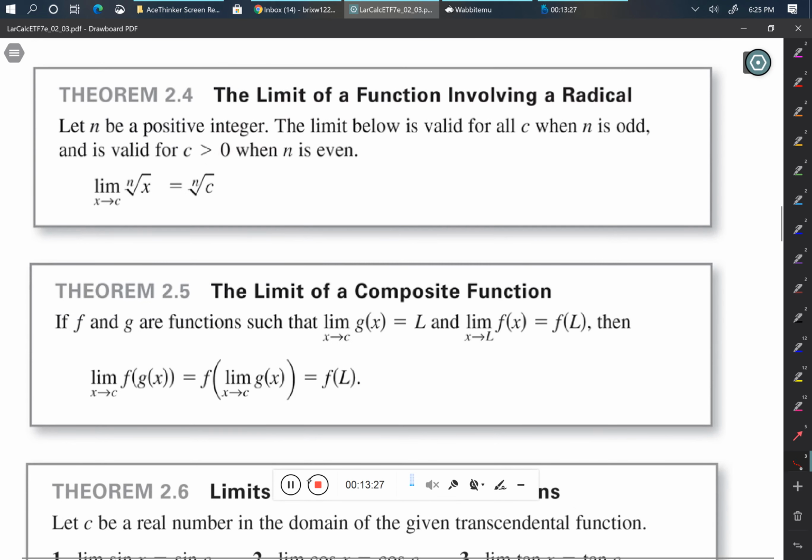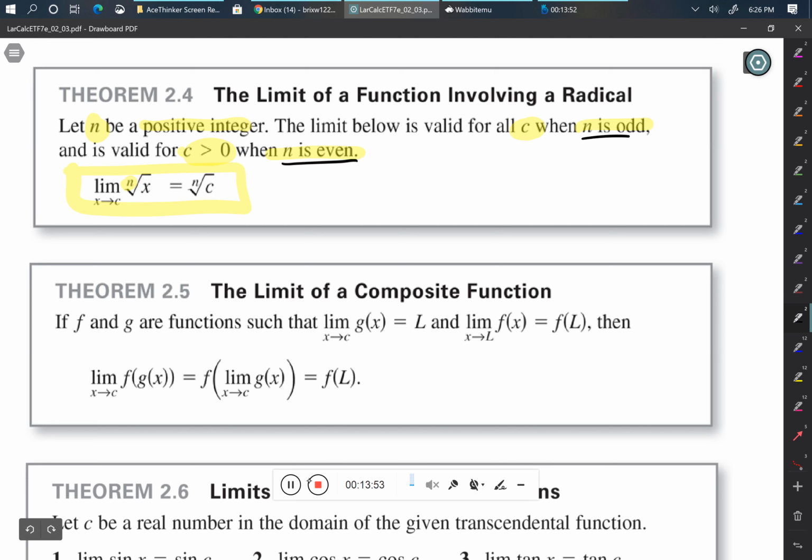The limit of a function involving a radical. Okay, so what do we have here? Now n is a positive integer, so we're taking an nth root, a positive integer root. The limit is valid for all c when n is odd, and for positive c's when n is even. Basically just the limit of a root, direct substitution. Now what is all this business about even and odd?